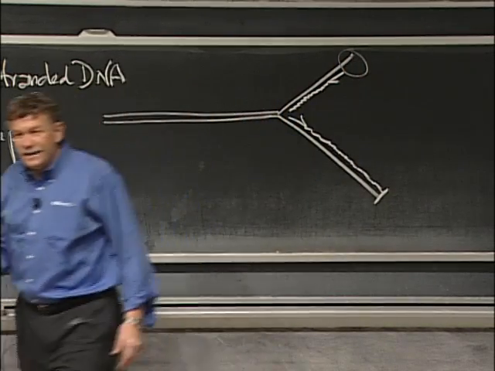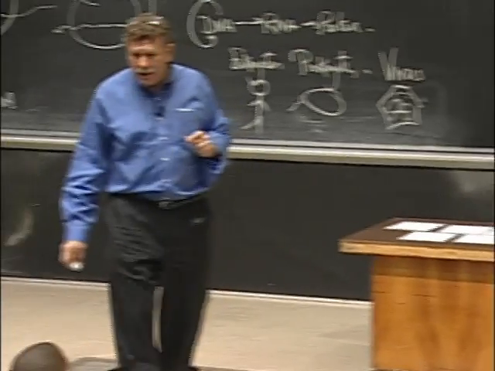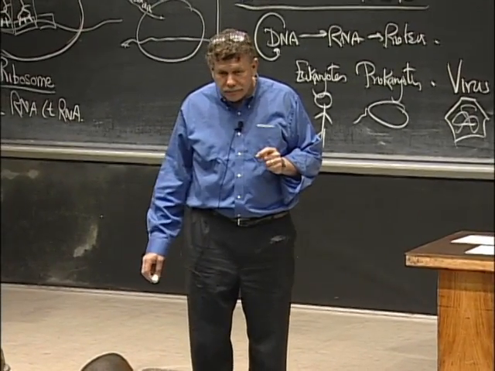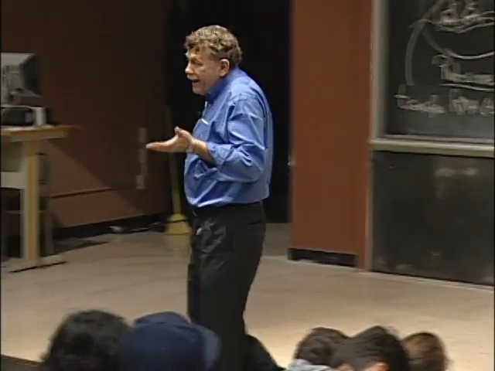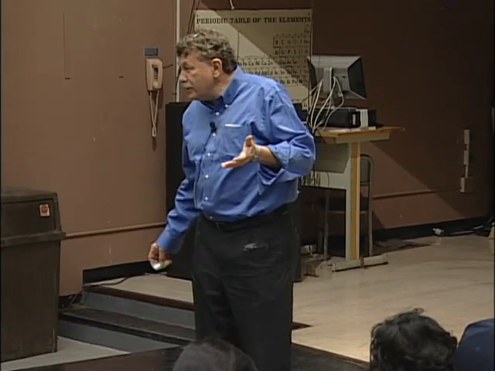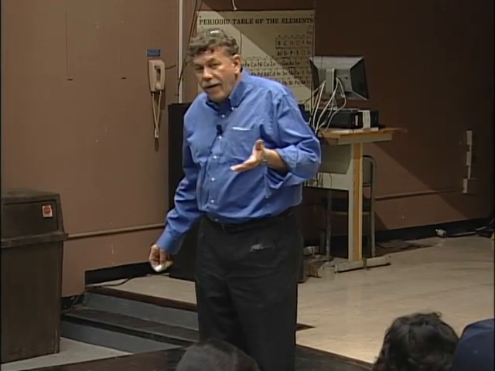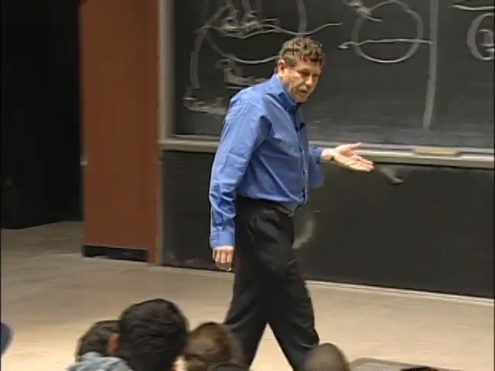What happens at the very end of the chromosome? If my primer wasn't exactly at the end of the chromosome, what happens? A little bit doesn't get replicated. Does that matter? Just a little bit per cell division. Every cell division, you lose a little bit of information off the end of your chromosome.